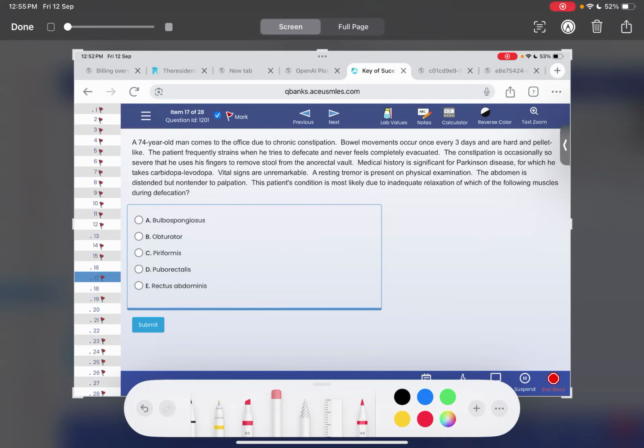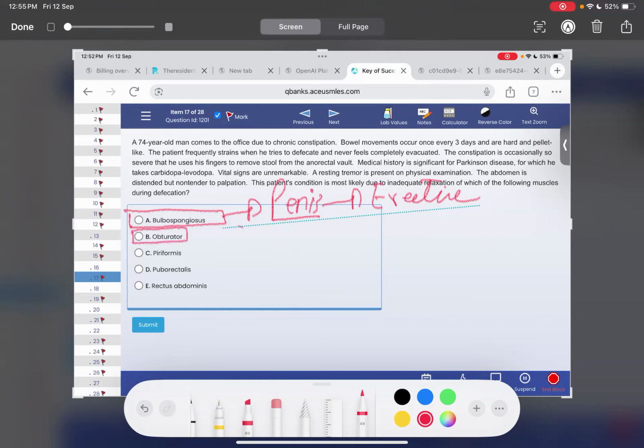So let's go by exclusion. Bulbospongiosus is present in the penis and helps in erection. Is it helpful in defecation? No, it is not related to constipation. What about the obturator?